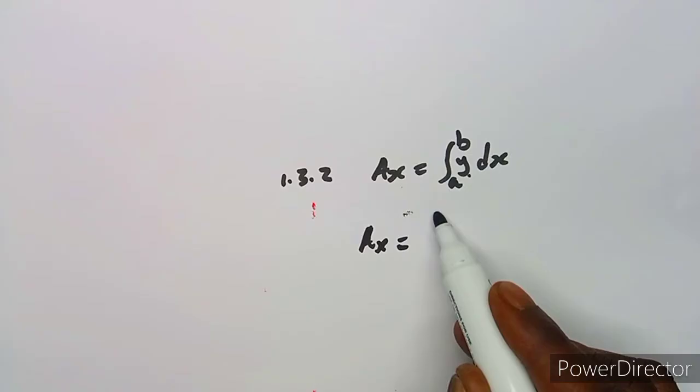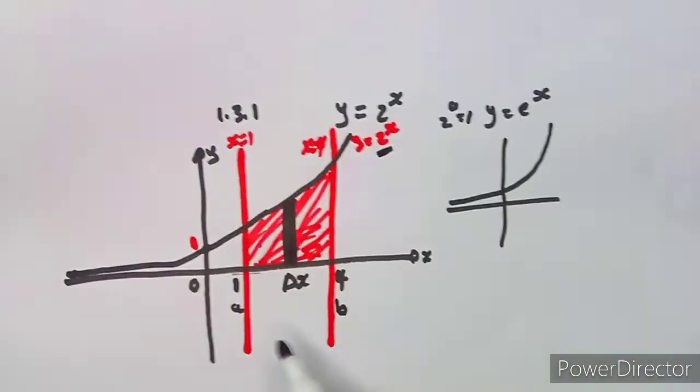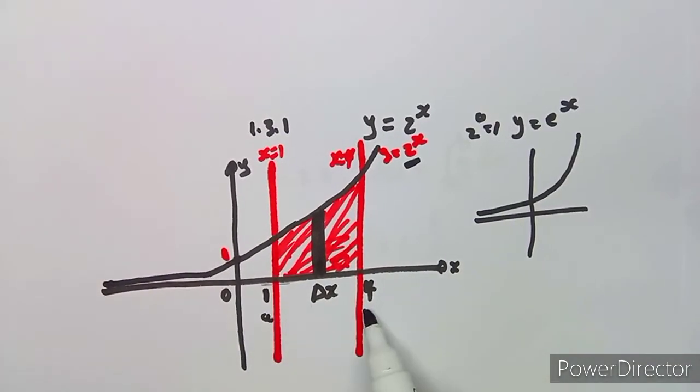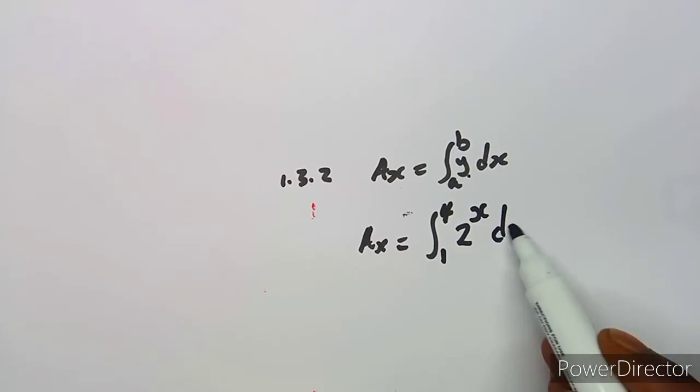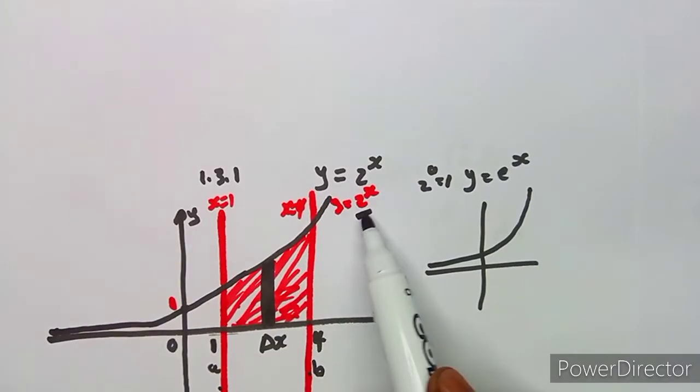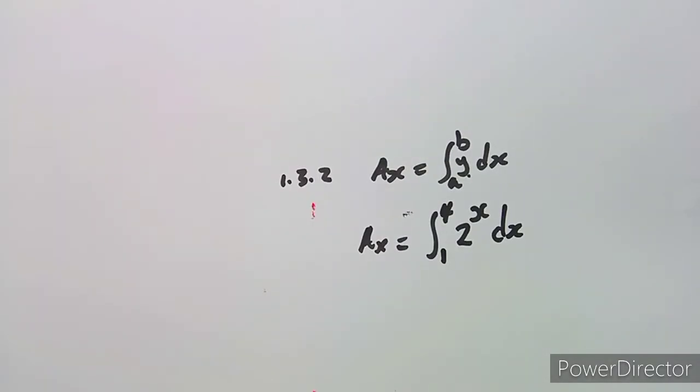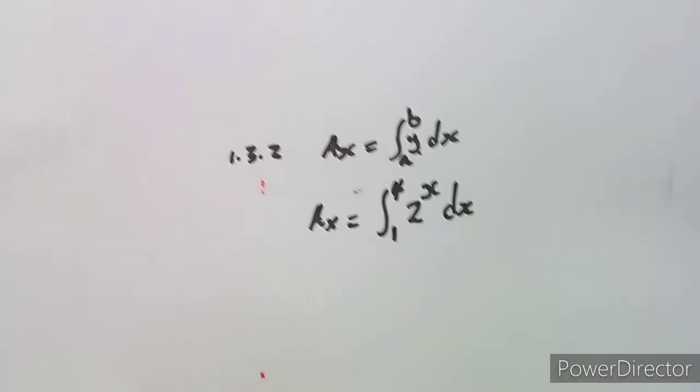So we are going to have it as we said, our limits are a and b, which is 1 and 4, the lower value and the maximum value, of 2 to the exponent of x dx, because this is your y, which is 2 to the exponent of x. So what you need is to integrate. All right, we have to integrate. So put in your values and integrate there.